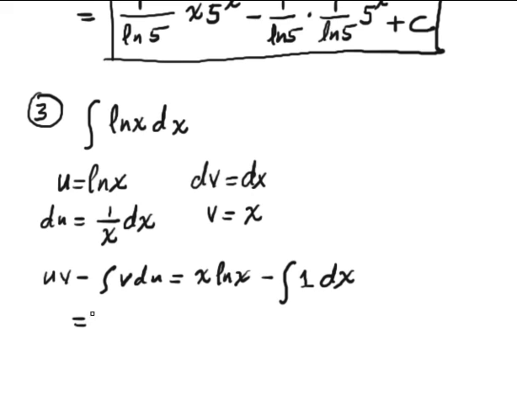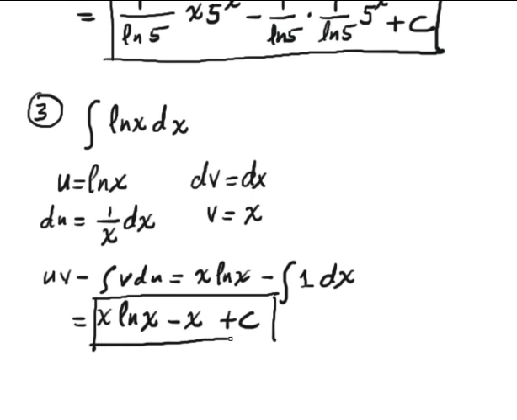So this is equal to x ln x minus x. Okay, so that's the integral of ln x. And you can take the derivative of this as a check, and you'll see that you do get ln x.